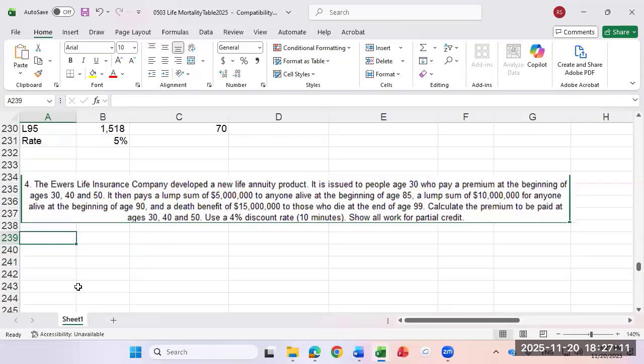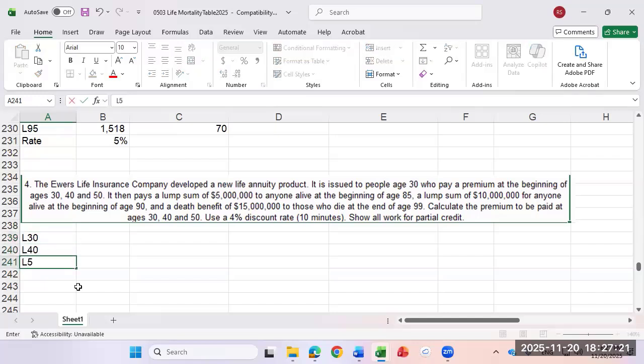Uber's developed a new annuity product. It's issued to people age 30 who pay a premium at the beginning of age 30, age 40, and age 50. If I were you, I would just start writing down what you need. It then pays a lump sum to anyone alive at age 85. If you pay the premiums and you're still alive at 85, you get 5 million bucks.